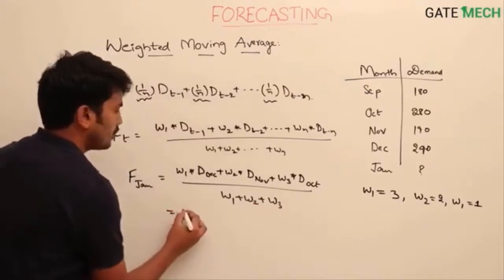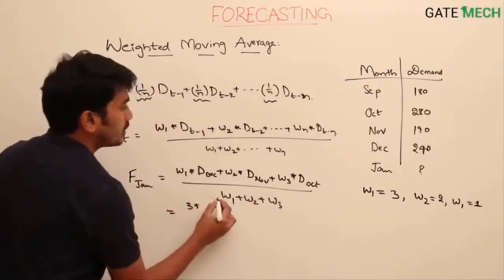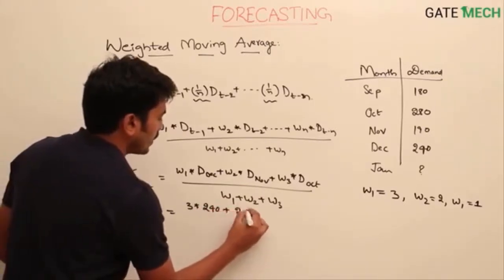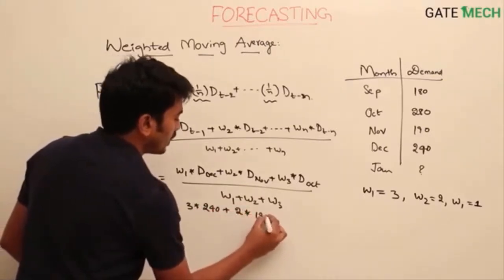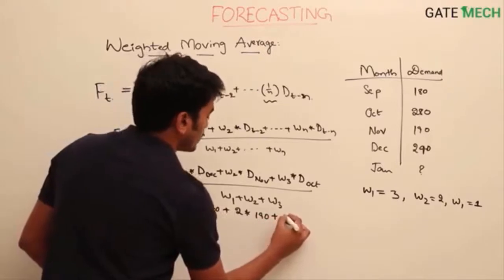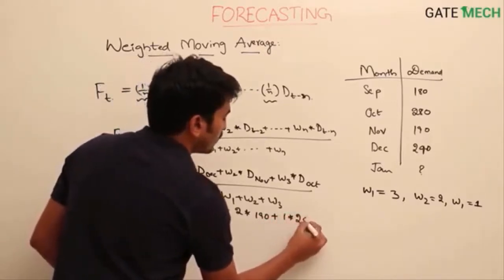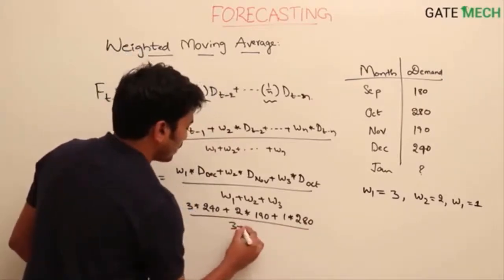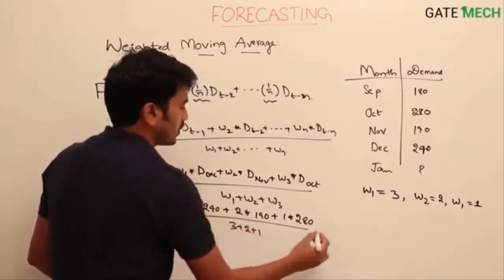Okay, so which comes to 3 into December demand, 240, plus 2 into 190, plus 1 into 280, divided by 3 plus 2 plus 1.